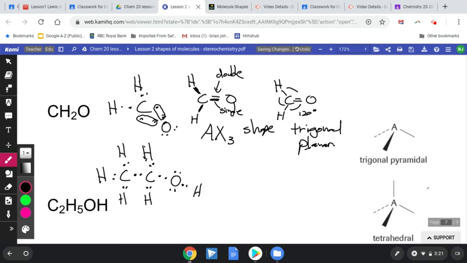Okay, how on earth are we going to draw the shape of this? So we have 3 central atoms, and this is about as hard as they get. So we've got a carbon here, and an oxygen. So we could call it C1 and C2.